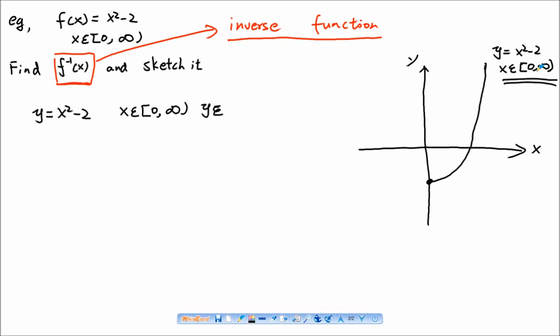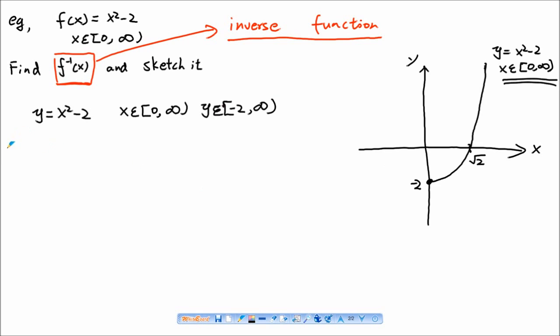So the graph would look like this, and from here I have minus 2 as the y-intercept and square root of 2 as the x-intercept if we substitute y equals 0. Now I can say the range of the graph will be y belongs to [minus 2, positive infinity).